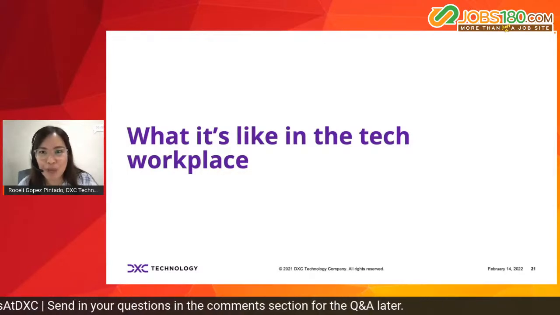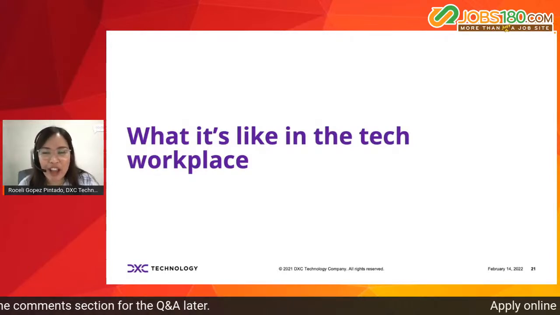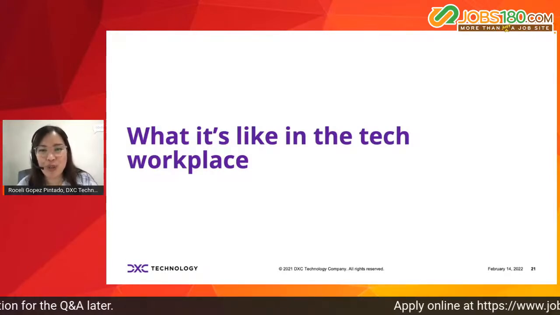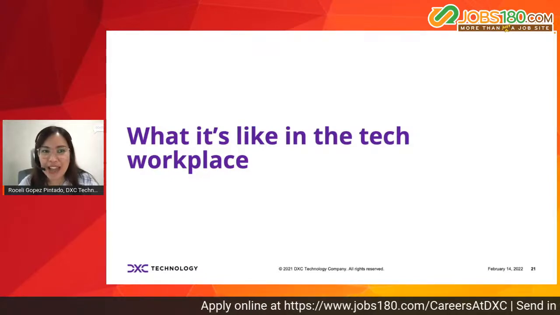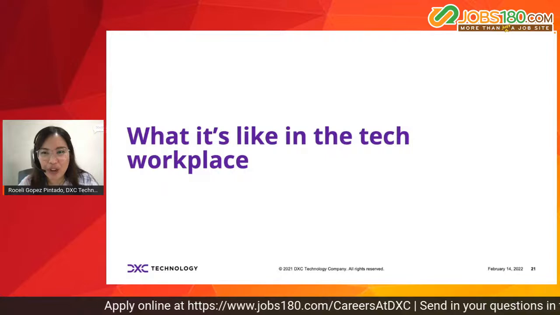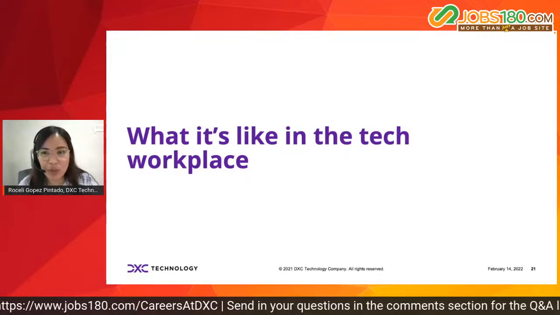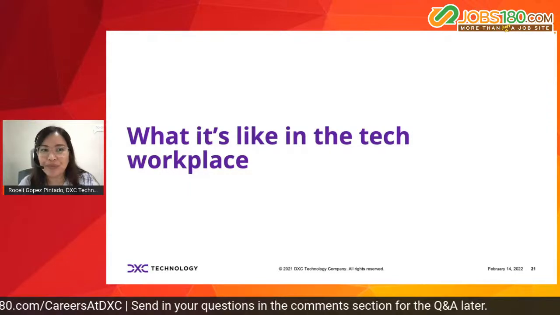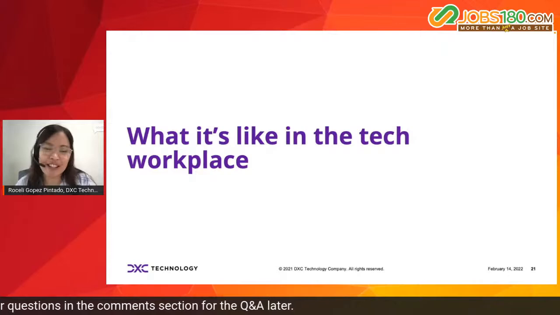You work with a lot of people, you experiment a lot, you do a lot of exploration. There's a lot of new things to try every day, right? So if you're up for something like that, you get excited by new things, and you love working and collaborating with other people, then maybe consider pursuing a tech career.